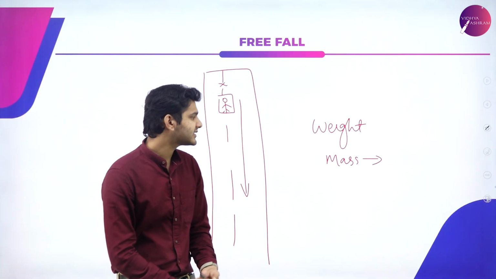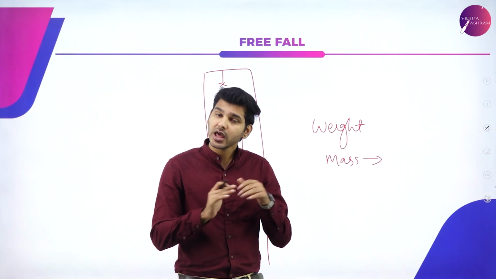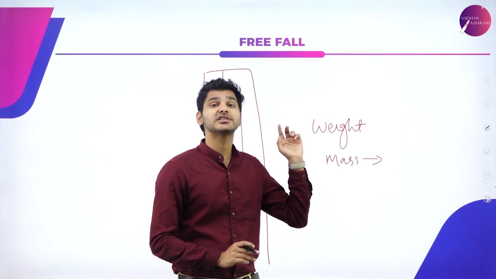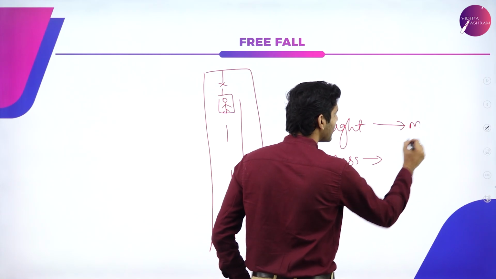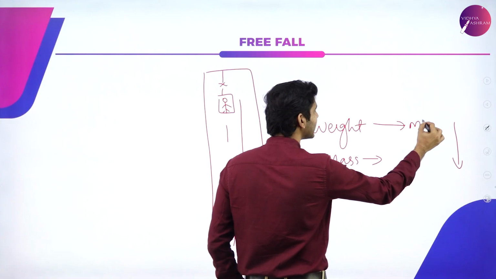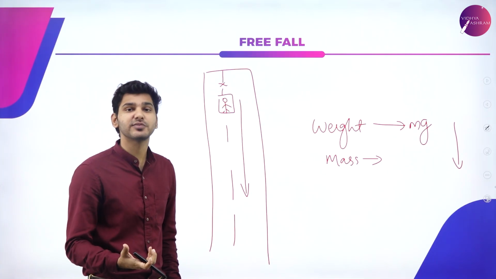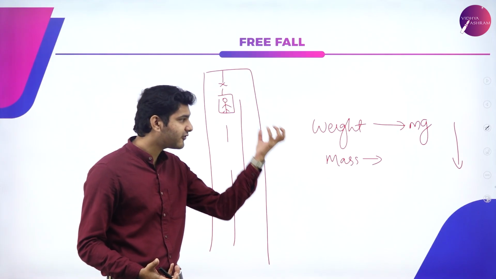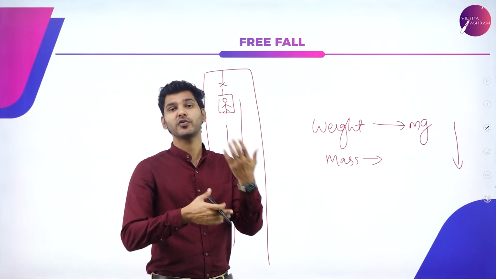But let's say mass is simply the amount of substance contained in any material. And what is weight? When there is a mass m and gravity is pulling down on it with gravitational constant g, then a total force will be experienced. This total force, that is m times g, is known as your weight.